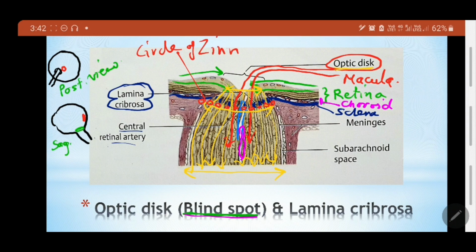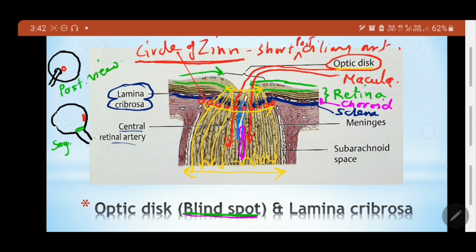Very important. So that in case of any compression of the nerve, there shouldn't be any loss of oxygen and nourishment at this point. So you need an additional supply of blood, and this is formed by the short posterior ciliary arteries. Okay.